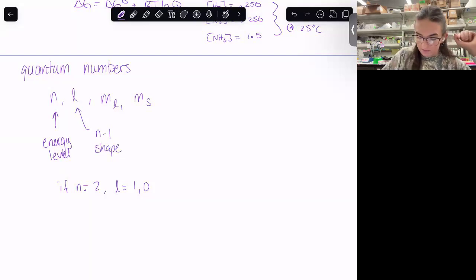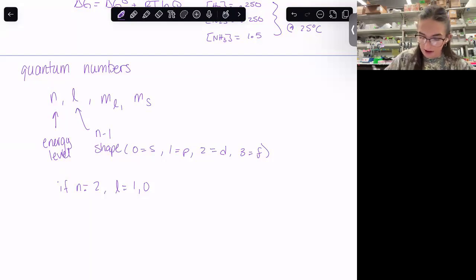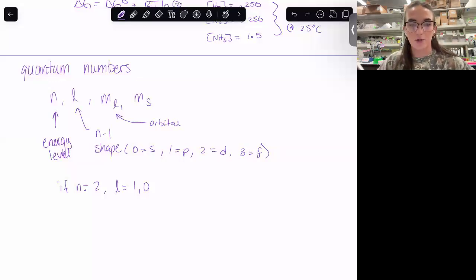So 0 is equal to s, 1 is equal to p, 2 is equal to d, 3 is equal to f. So you can have s, p, d, or f, and that's corresponding to 0, 1, 2, or 3. And then for m sub l, this tells you your orbital, or the area in which you are.